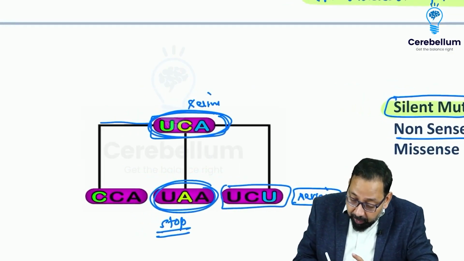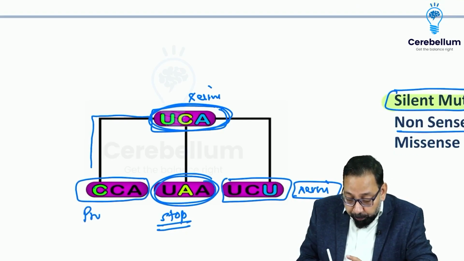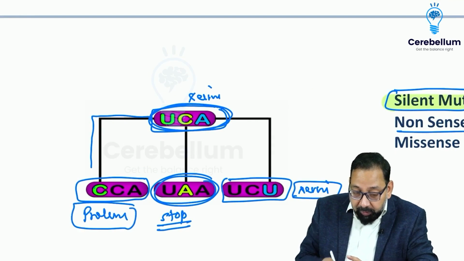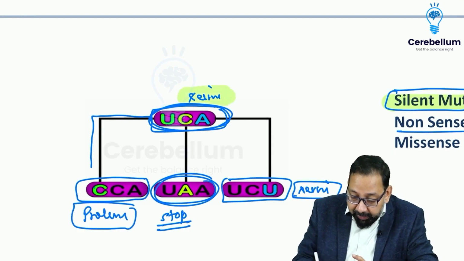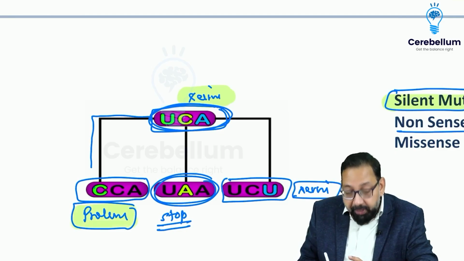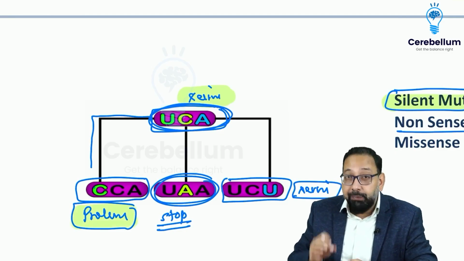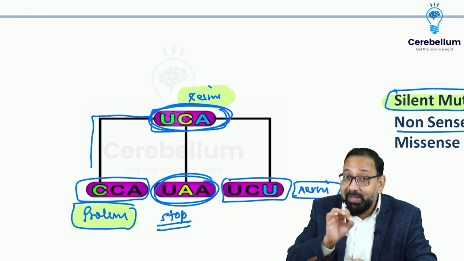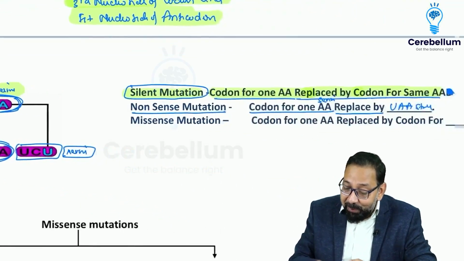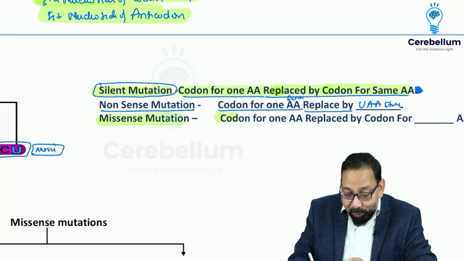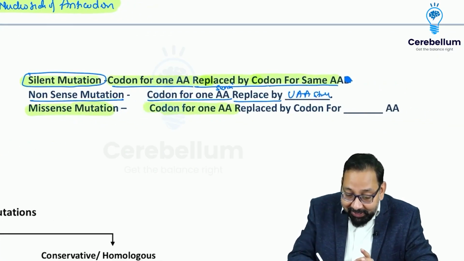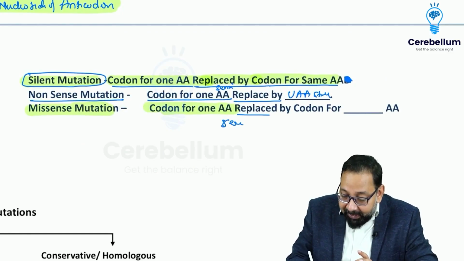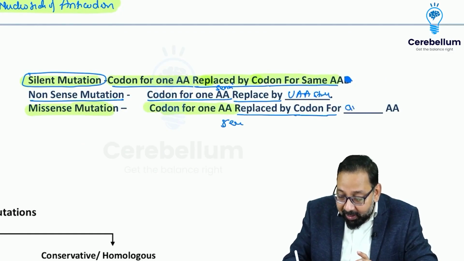Suppose a mutation occurs in serine and it is converted to CCA. CCA codes for proline. So we find that the codon coding for serine is replaced by a different amino acid, proline. If one amino acid is replaced by another amino acid, that is called missense mutation. It means a codon for one amino acid, serine, is replaced by a codon for another amino acid, like proline.